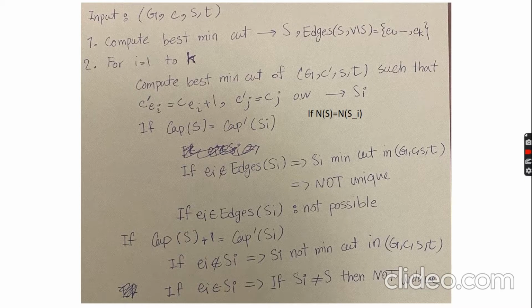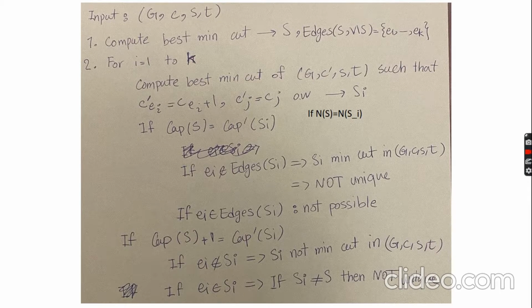Assume that there is another min cut, so it's not unique. Then these two cuts have to be different in at least one edge, right? So now the idea is, I first compute one min cut of the graph and consider all of its edges, assume it has k edges, and then at each iteration increase the capacity of exactly one of these edges and keep the rest of the capacities as before, and again compute a best min cut.